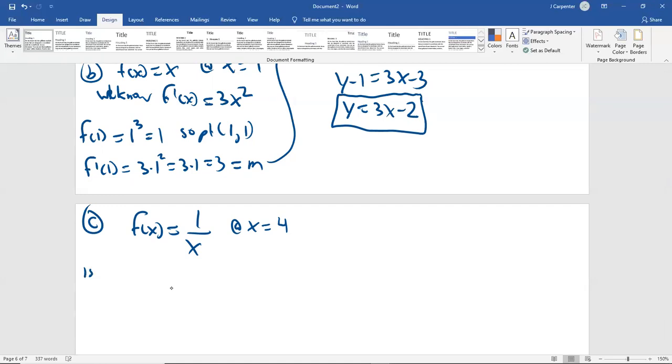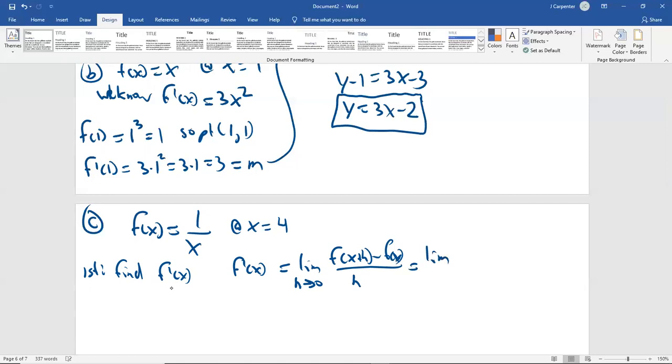So first, find f prime of x. This is a significantly longer problem for multiple reasons. So f prime of x is the limit as h goes to 0. I'll write the definition one last time of f of x plus h minus f of x all over h.